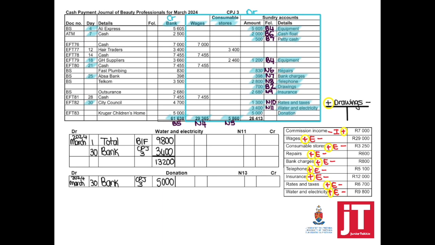On the debit side, on the day on which the transaction took place, which is the 30th, I'm going to have the contra account bank, from which journal, from the CPJ, amount 5,000, and I'm going to indicate that I've taken that to the account number N13 for nominal account section, and that is the number of the account.